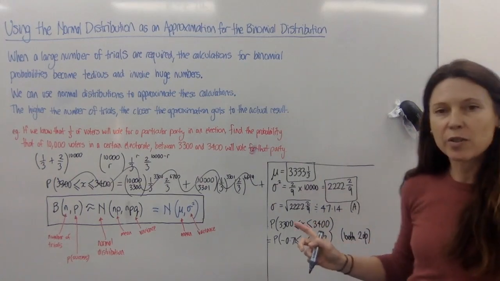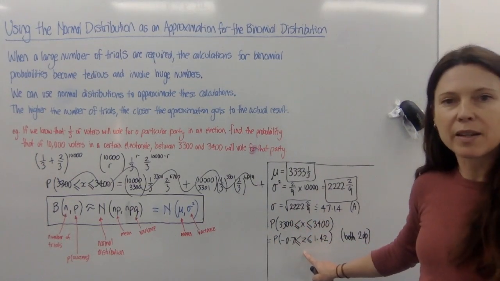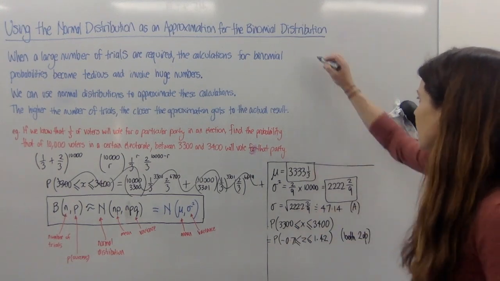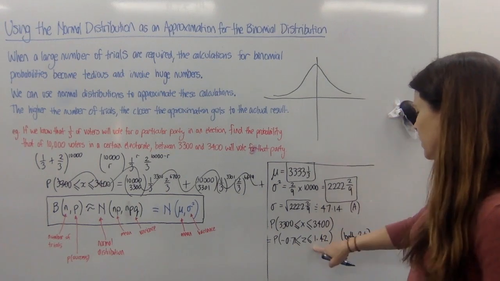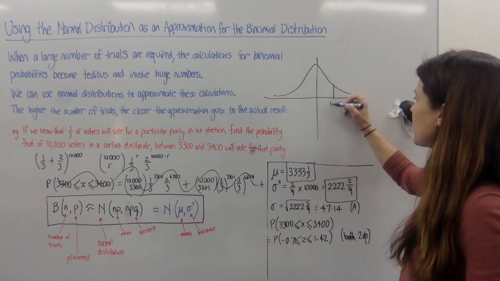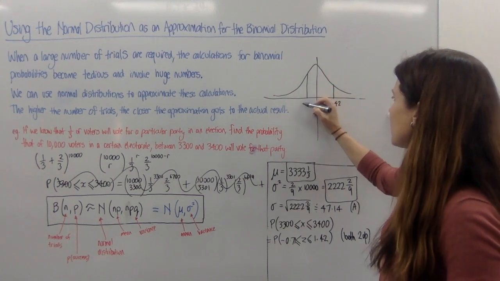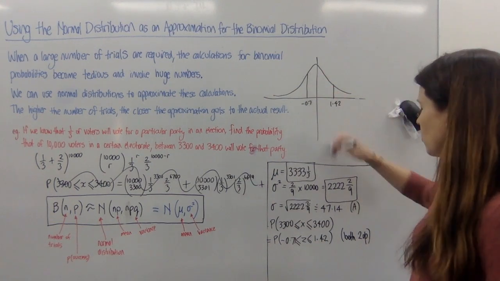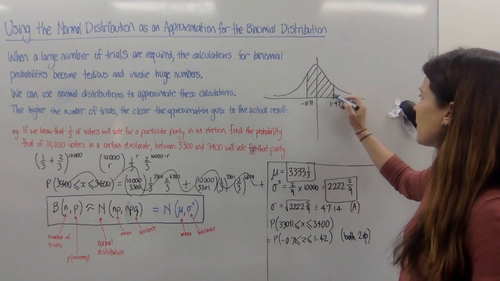Okay, so now we can use our z-score tables to say, what's the probability that Z is in between this and this? Now, the way that we want to do that, quick sketch: if a z-score of 1.42 is up here, and a z-score of negative 0.71 is down here somewhere, we want the probability of a score being in this zone.